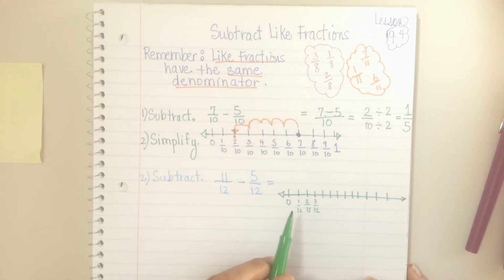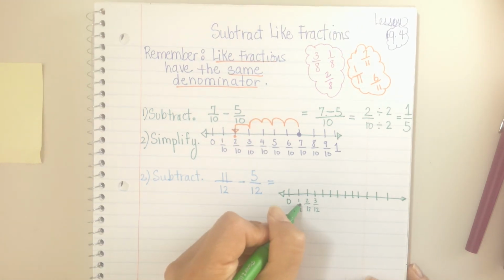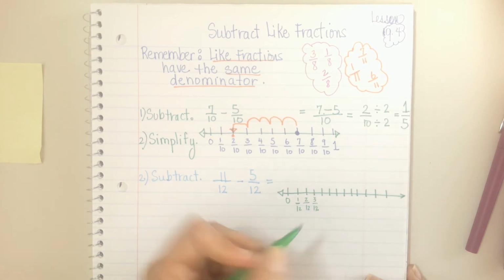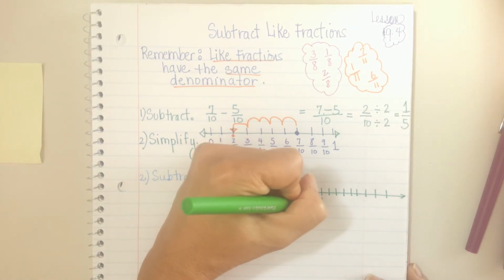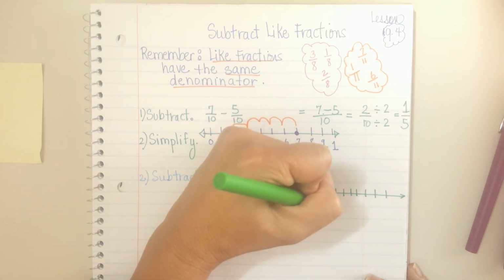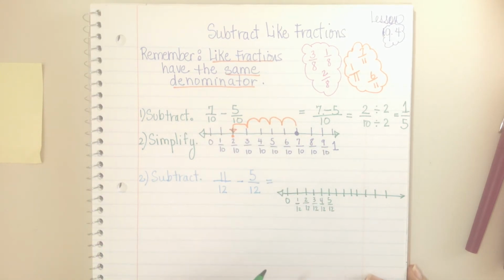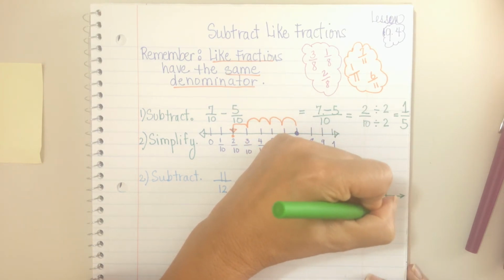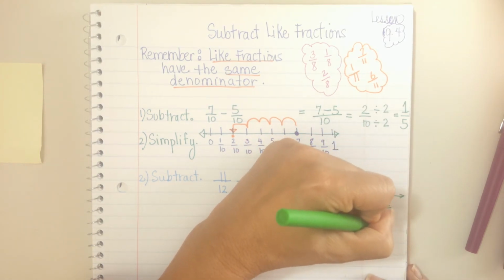Okay, I invite you to be filling this number line out at the same time I'm doing it. I'm sure you can see that the next fraction I'm going to write is 4/12, 5/12, and keep on going until you get to 12/12, also called 1 whole.